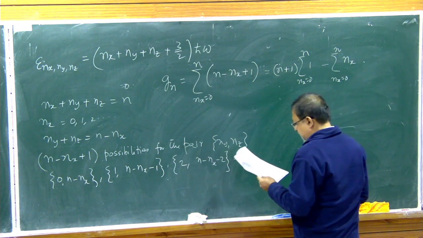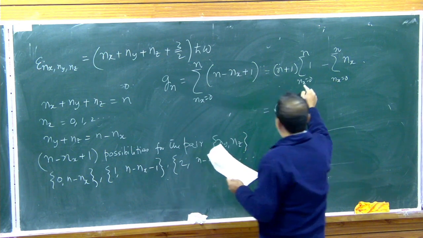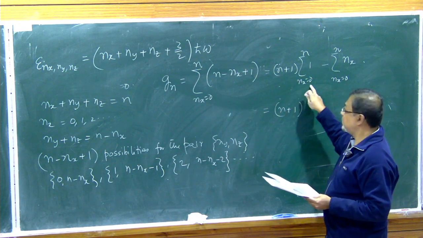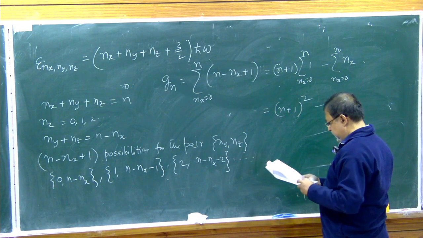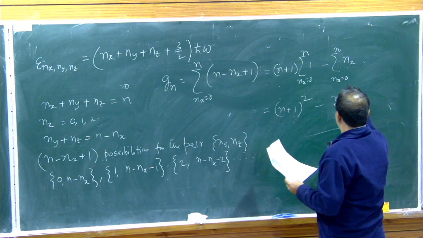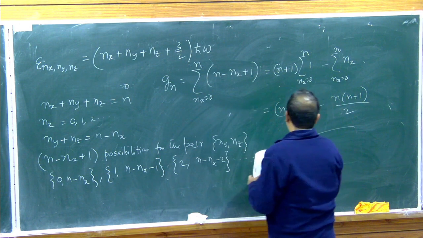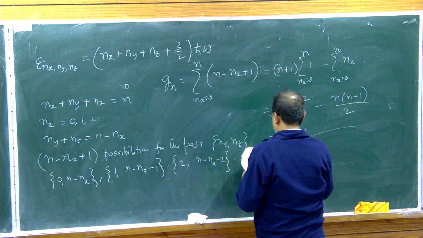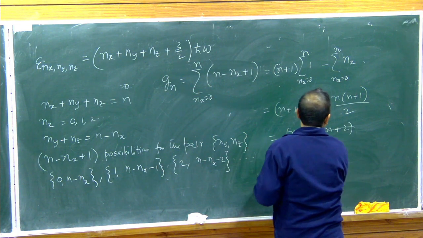This is simple. This is equal to n plus 1, and the sum of 1 from 0 to n would be n plus 1, because 0 is included. So this is n plus 1 whole squared, and this one is just the sum of n natural numbers, so it's n into n plus 1 by 2. If you take n plus 1 common, it becomes equal to n plus 1 times n plus 2 divided by 2.